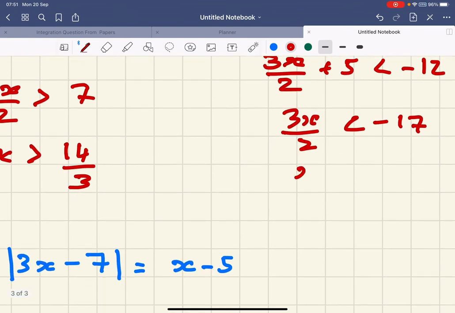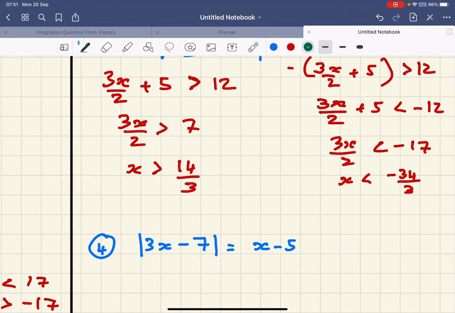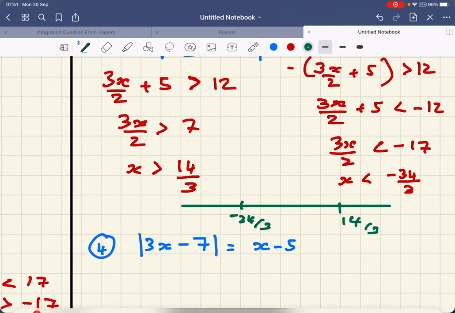We're going to times both sides by 2, which gives me negative 34. And then we're going to divide by 3. Now I think I've just about got enough room here for a number line. I want it less than negative 34 over 3 and greater than 14 over 3. And I want to use an open circle here and an open circle here.